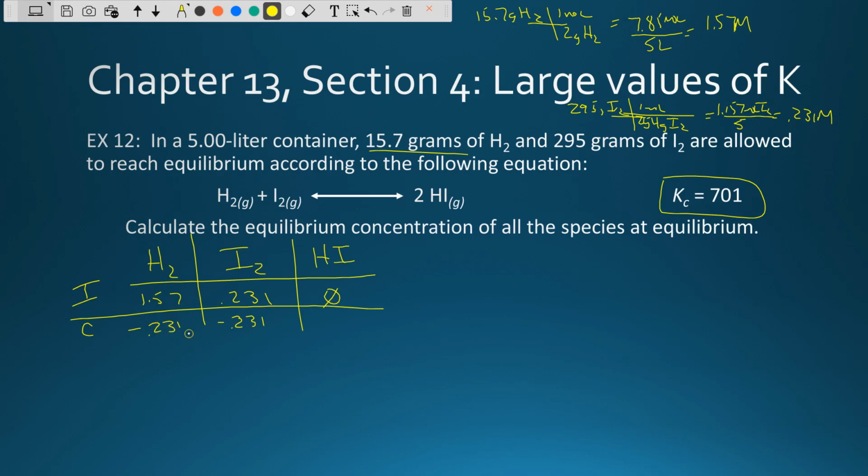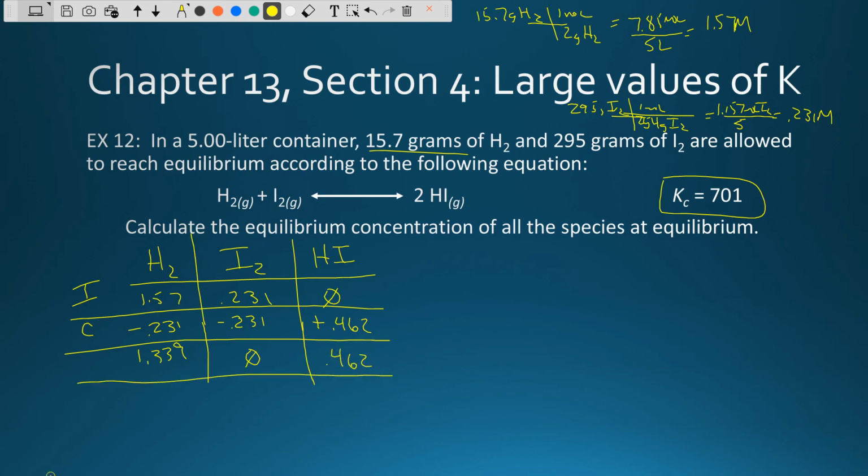Notice I didn't use it all up though, did I? And so I'm going to gain 2 times that because of the 2 here, so that ends up gaining a 0.462. So I've used up all my iodine, but I didn't use up all my hydrogen. So at the end of this, I end up with 1.339, a 0, and a 0.462.